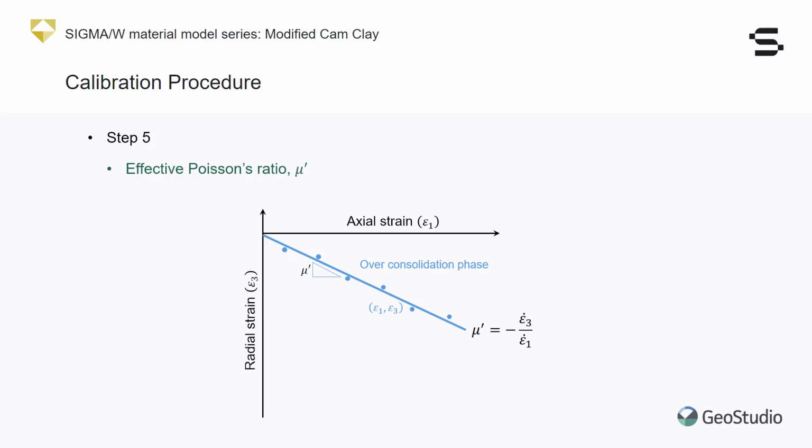In the modified Cam-Clay model, the Poisson's ratio is considered only for the elastic or overconsolidated condition, and its value is assumed to remain constant during loading. Consequently, in a drained triaxial test, the method of least squares can be applied on the purely elastic or overconsolidated part of the curve in radial strain versus axial strain space to estimate the value of the effective Poisson's ratio.